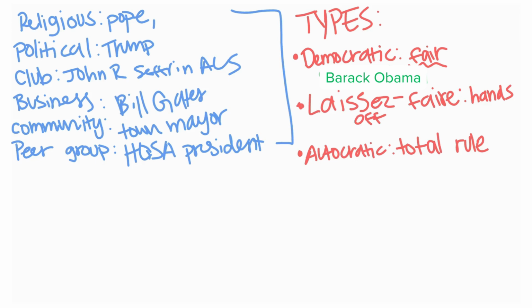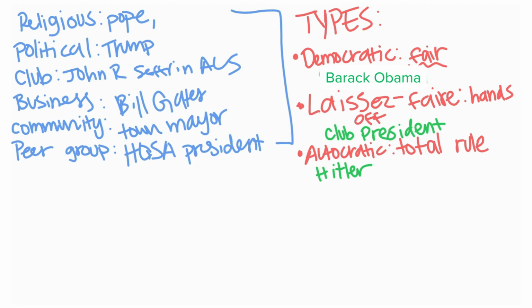And if the club is very small and they don't need a ton of leadership, then the president might not do very much. And an autocratic leader, well, we can say a lot of dictators, but we can say Hitler or Stalin, everyone who dictates a group.